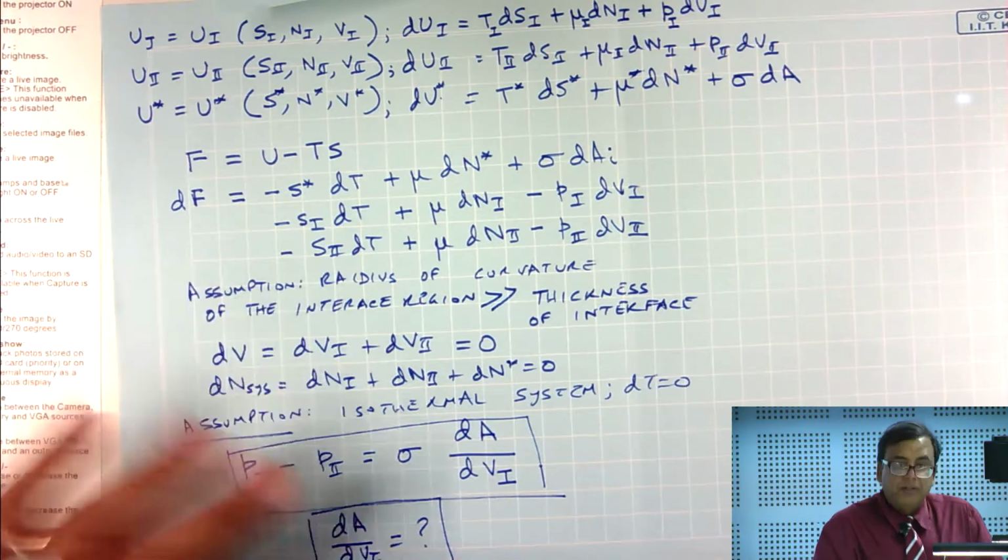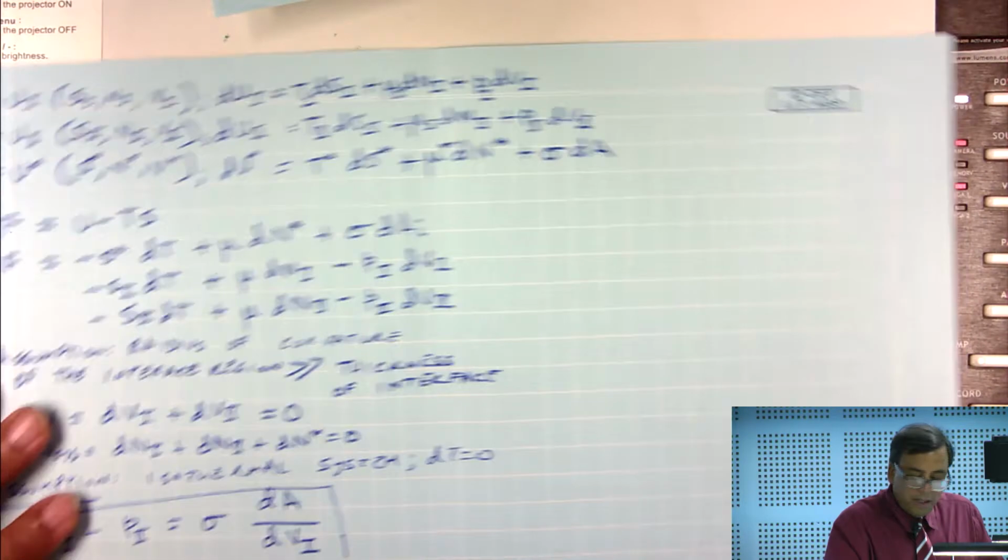So, to figure this dA by dV, let us look at the interface.